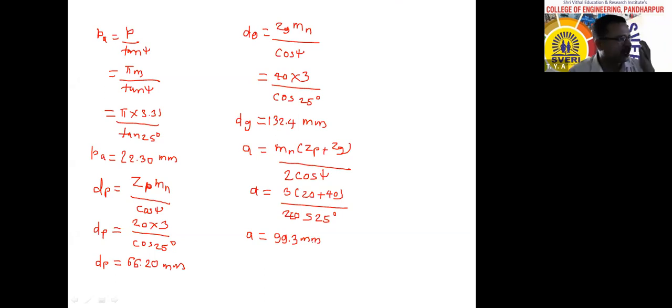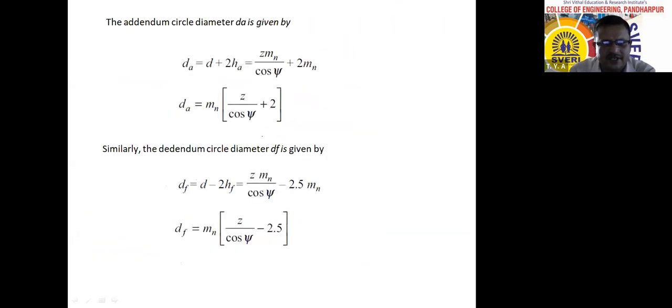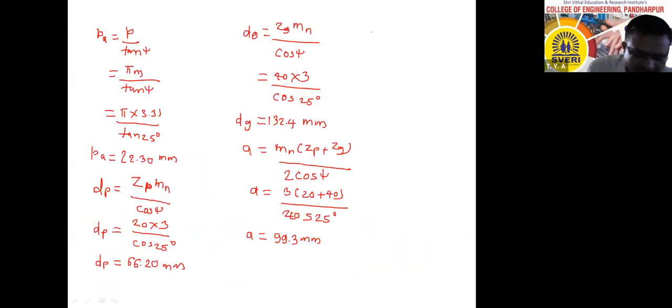Now next they have told us to calculate addendum circle diameter and dedendum circle diameter of pinion. काय आपण फॉर्म्युला लिहिलाय बघा addendum circle diameter चा. हे बघा DA आणि DF. आता इथे ZP घ्यायचं फक्त आणि ZG. Therefore DAP I will write: DAP is equal to mn into bracket ZP upon cos psi plus 2.